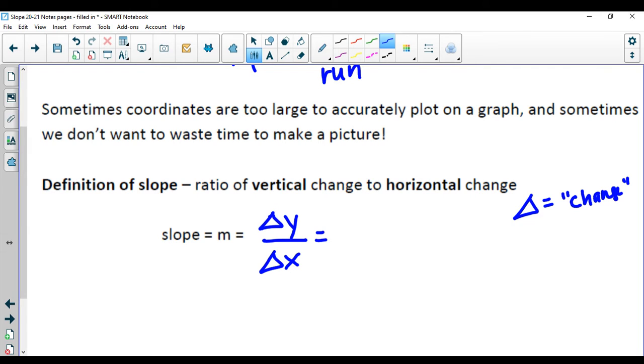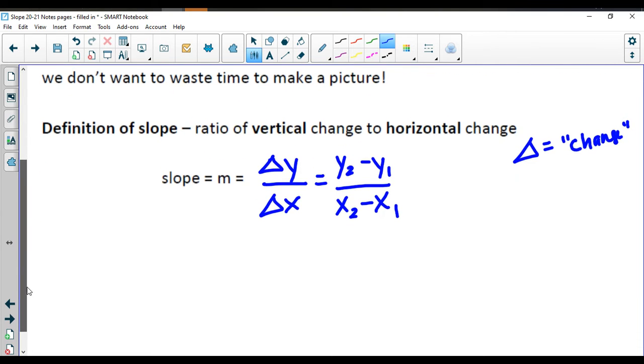If we have 2 ordered pairs for our points, we'll identify them as x1, y1 and x2, y2. We'll find the difference between the 2 y coordinates, and then in the same exact order, we'll find the difference between the 2 x coordinates. This formula is found on the back of your formula sheet, so we'll be using that moving forward.